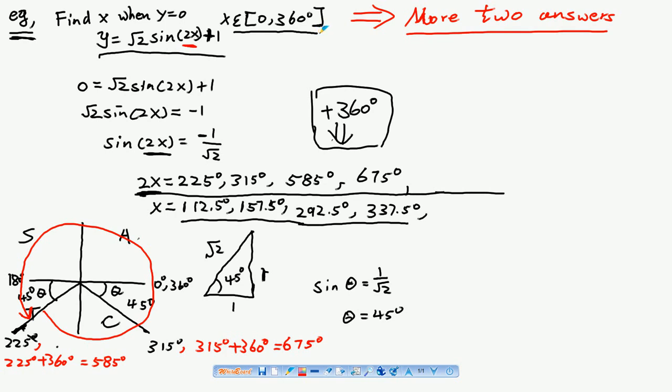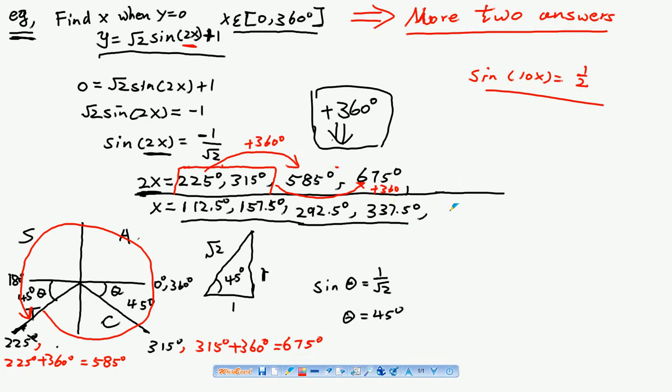But for the moment, when you have something like sine 10x equals something, there are going to be more than two answers, and the way to do it is you find the standard two answers and add 360 degrees to each of them, and you can get two more answers.